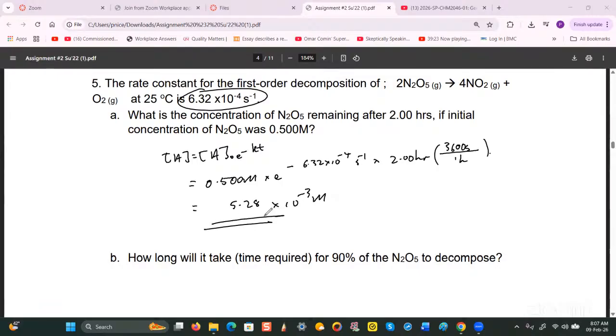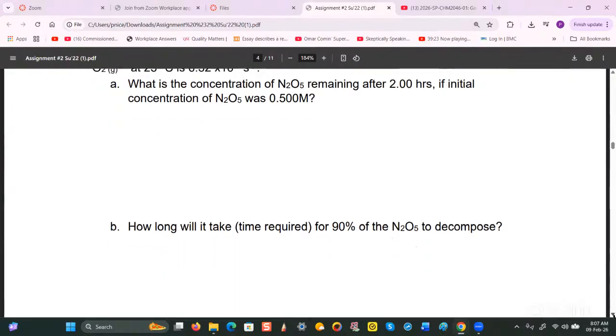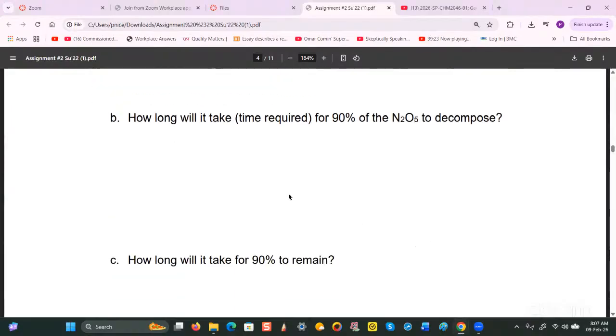All right. Now let me clear this up and move on to the B part. The B part says, how long will it take, in other words, the time required for 90% of N2O5 to decompose? If 90% of the N2O5 decomposes, that means that the concentration of N2O5 would be equal to 10% of the initial concentration.